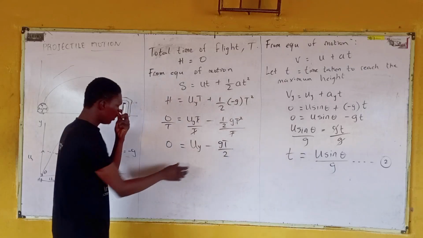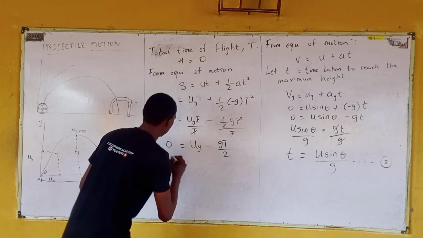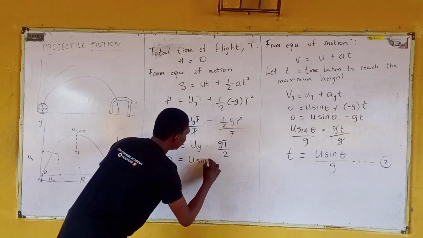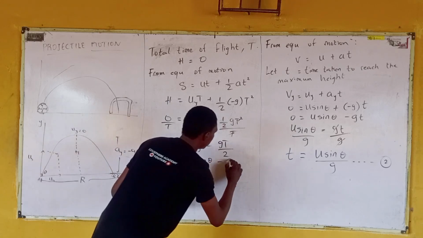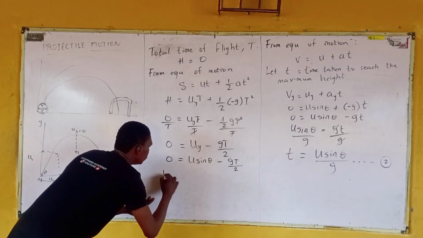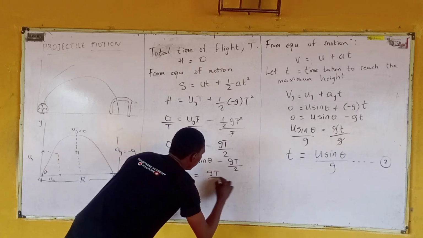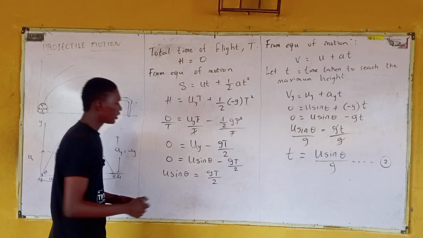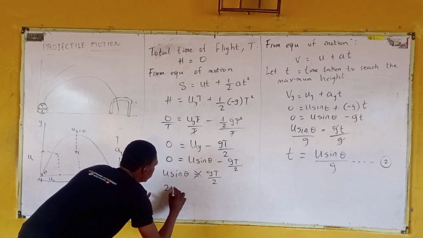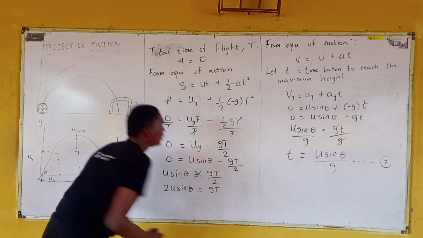Now, from this place, we know our Uy is simply U sine theta. So we can say 0 is equal to U sine theta minus gT over 2. So U sine theta is equal to gT over 2. We can cross multiply to have 2U sine theta equal to gT.